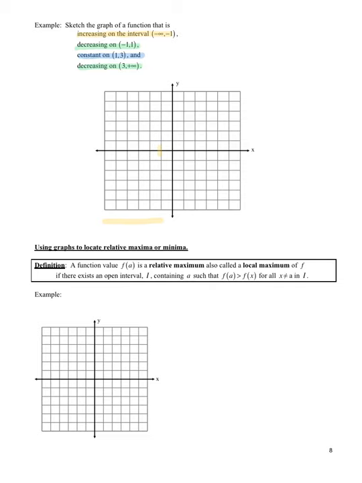Then it has to be decreasing from -1 to 1. And then it has to be constant from 1 to 3. And then it has to be decreasing from 3 to infinity. So let's look at that. This is increasing on this interval, decreasing on that interval, constant on this interval, and decreasing on that interval. That's an example. Do we see those different intervals?